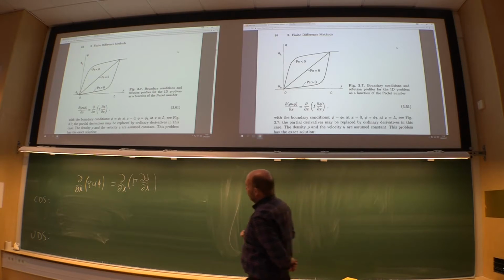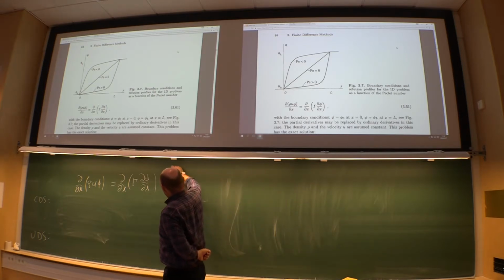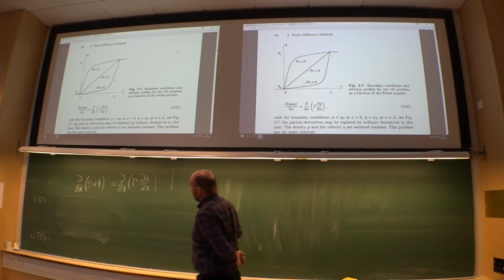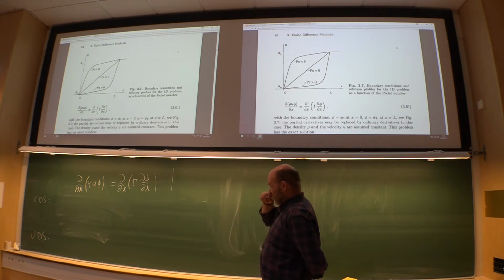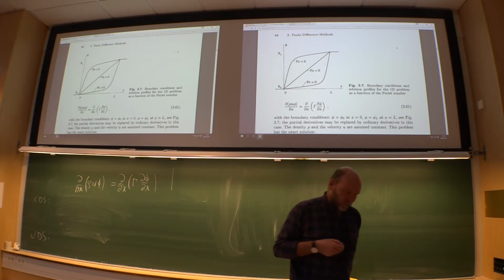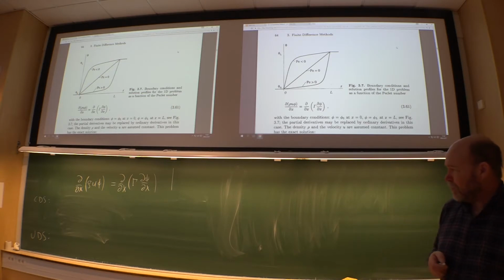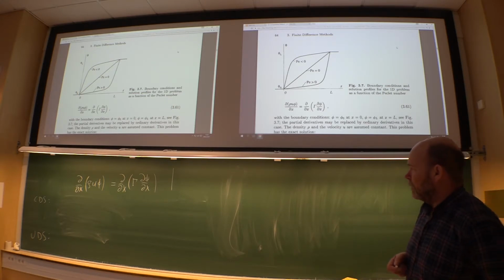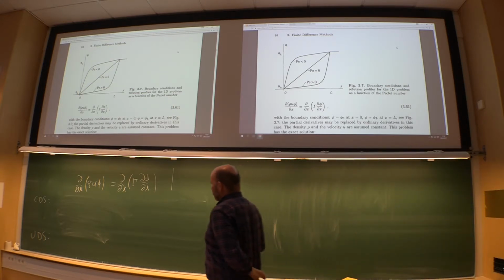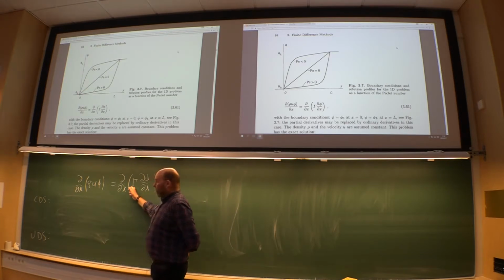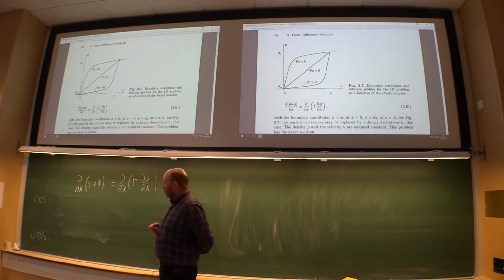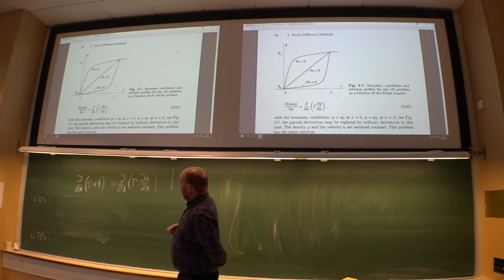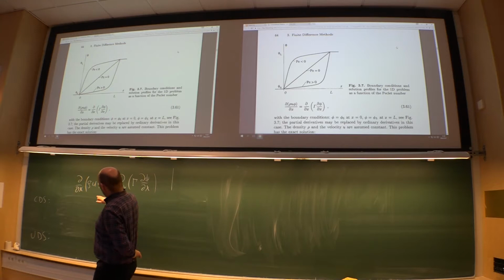For simplicity, I would say we could do it a little bit more easily here. First of all, it's a one-dimensional problem, so you don't have to use partial derivatives. You could use ordinary derivatives if you like. Also, we can treat gamma as a constant, put it outside here and call it viscosity. And here we assume the velocity field is given.